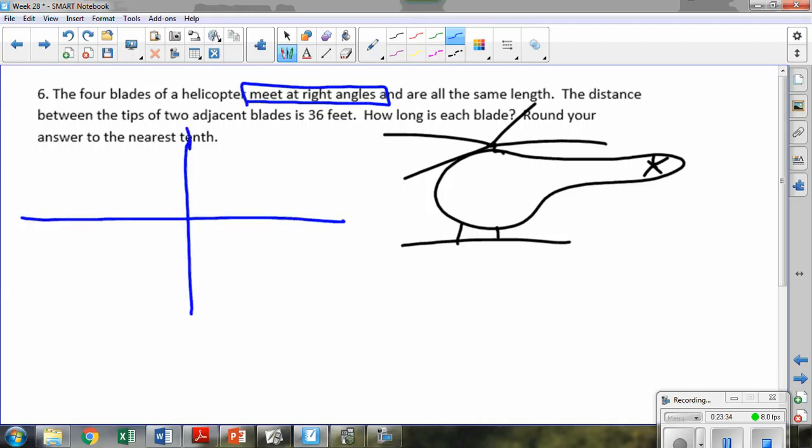We have four helicopter blades meeting at 90-degree angles in the middle. We are also told they're all the same length. So each blade is the same.